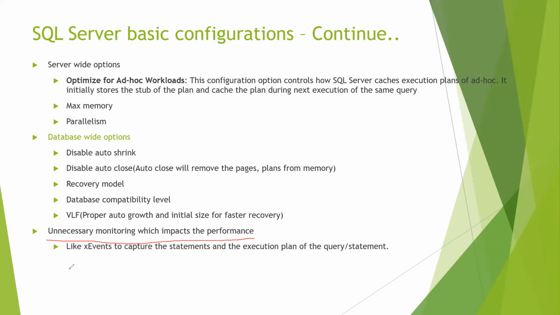Make sure that anything left running is turned off, or check what data we are capturing, especially if you're capturing execution plans, because that can impact performance: it has to scan the plan cache and read the data in memory. So make sure you are not running any unnecessary traces on the server. I'll stop here. Any questions?